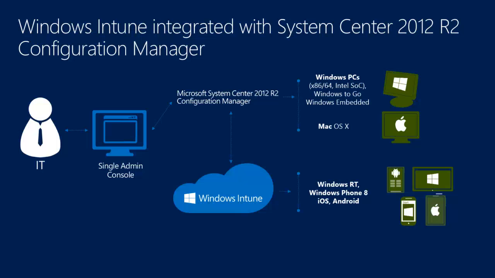On the flip side, with Configuration Manager, you can see the line in the middle that connects the Configuration Manager logo to Windows Intune. That's our connector that we introduced. That enables us to have this idea of on-premise management for the Windows PCs, Macs, Linux servers, those kinds of traditional enterprise devices. And then we've got the cloud devices at the bottom. So it's the same set of platforms we support with Intune standalone, we support with management through Configuration Manager as well.